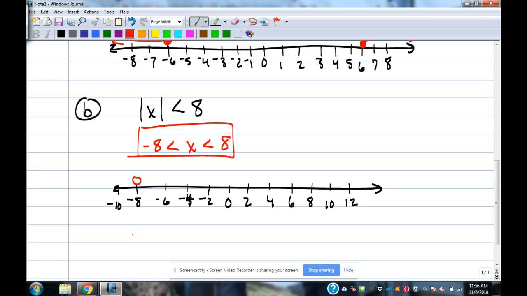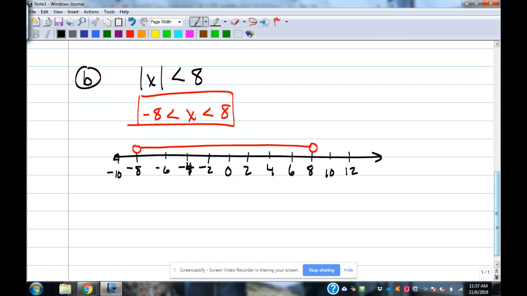It doesn't have the bar underneath the equal to mark, so it's open. And above the positive 8? Open. Where are the answers to and problems? In the middle. That's how you graph that. Open circles because they're less thans, don't have an equal to mark. Answers are in the middle because it's an and problem.